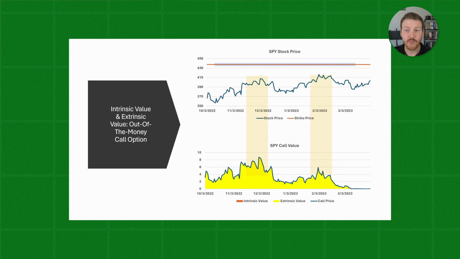When the stock price is closest to the strike price, that's going to be when this time value, this extrinsic value, is the highest. But one thing you'll notice is that as the option gets very close to expiration, that means the furthest right on the graph, there is virtually no extrinsic value whatsoever, and the call price is near zero.